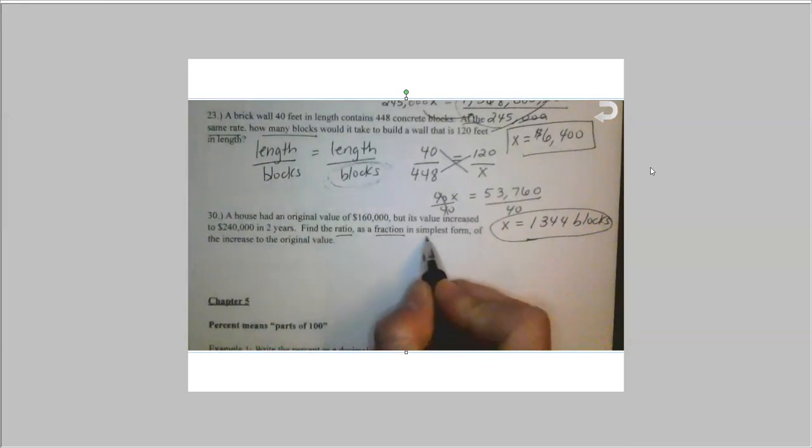A house had an original value of $160,000, but its value increased, and that value is now $240,000 over a period of 2 years. This time, I'm just finding the ratio. I'm given that ratio as a fraction in simplest form, of the increase to the original value. There is a problem on your apply very similar to this.